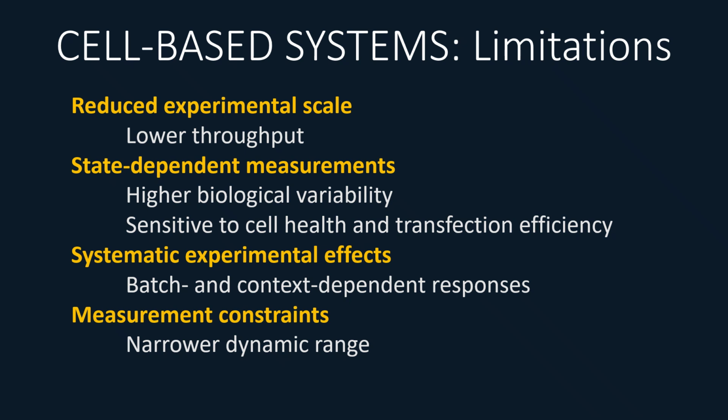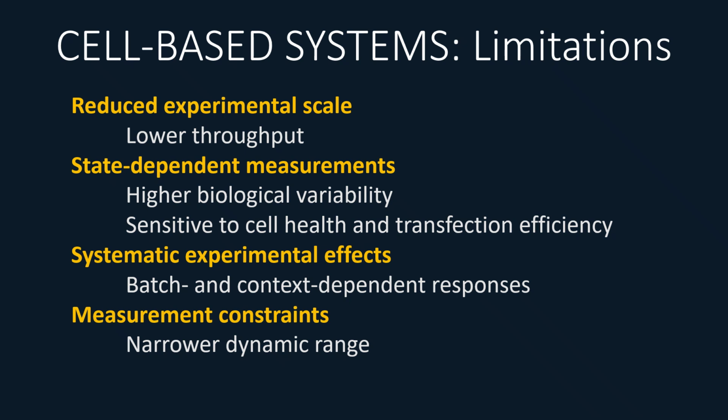So when it comes to limitations of these cell-based systems, they provide greater biological reality, sure, but that realism introduces important limitations. Experimental scale is reduced, and throughput is far lower than cell-free systems, which limits how many sequence variants can be tested.